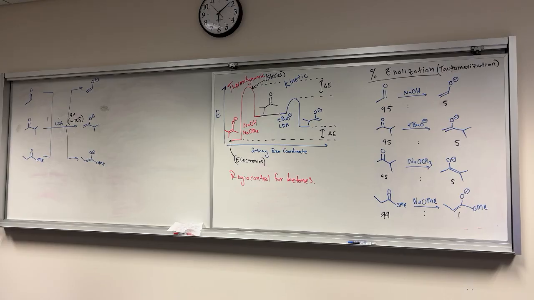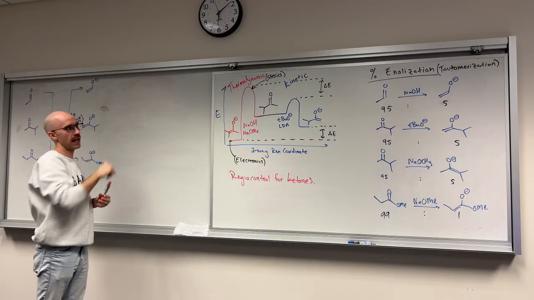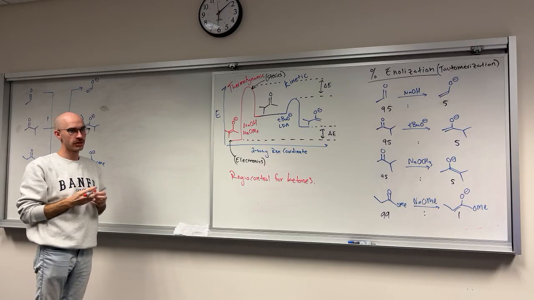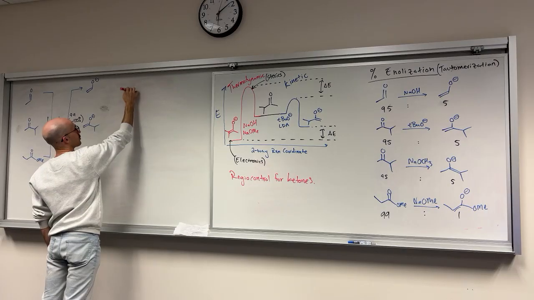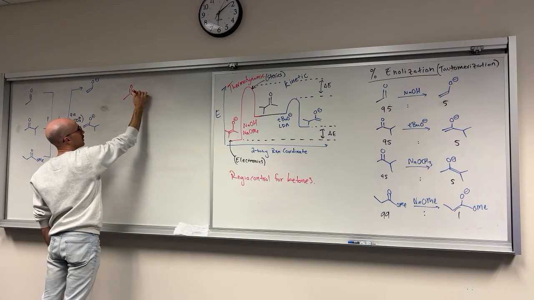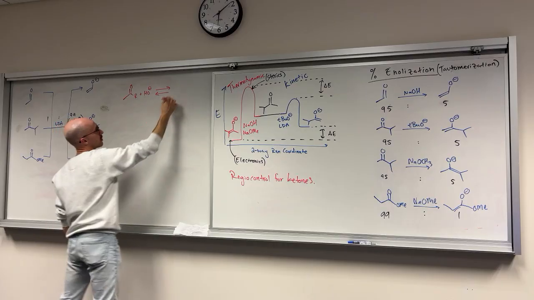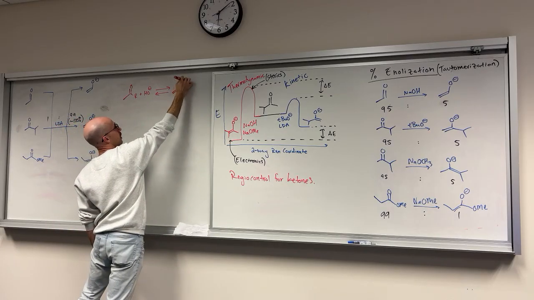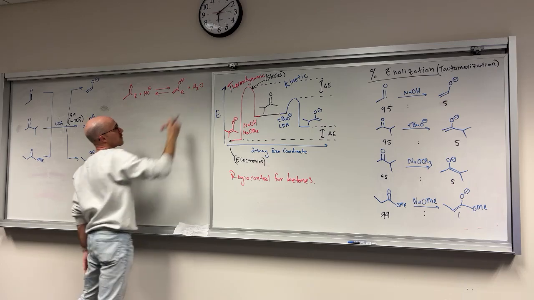For those reactions with oxygen groups, we have some carbonyl plus OH minus. The other side of this equilibrium is some enolate plus H2O.